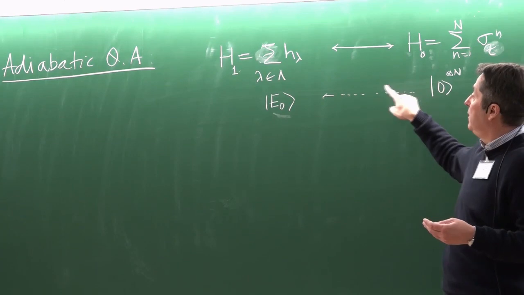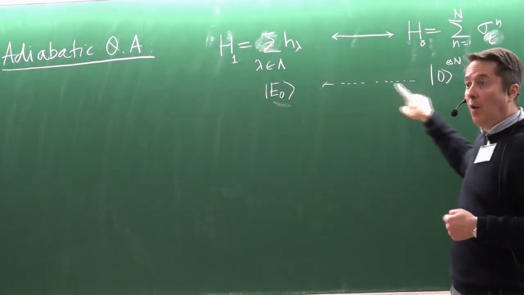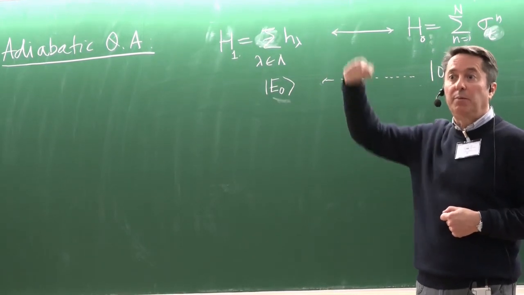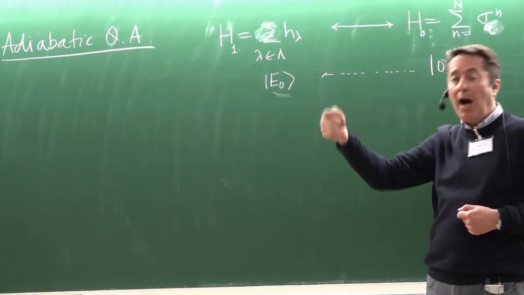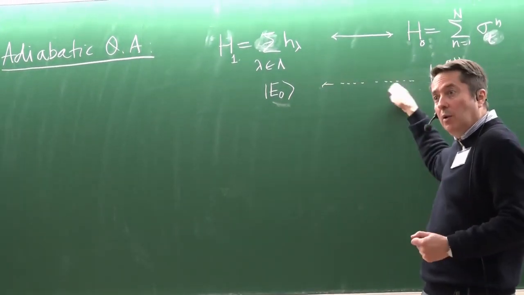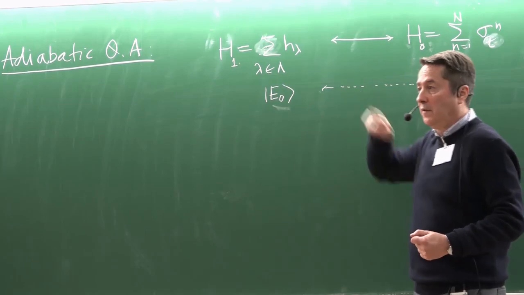However, we saw before that the algorithm for dynamics also works for time-dependent Hamiltonians, so we can use the algorithm for the dynamics as a subroutine, and then we will achieve the goal that we have.